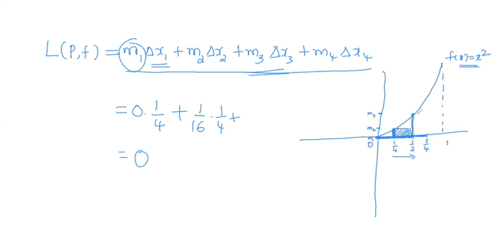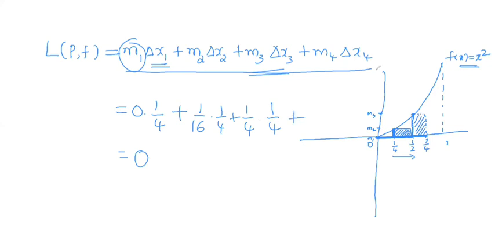So you will get the area of this rectangle to be the third term. So what is the third term? m3 was actually 1 by 4, I think. So into 1 by 4 once again, which is nothing but the length of this rectangle.